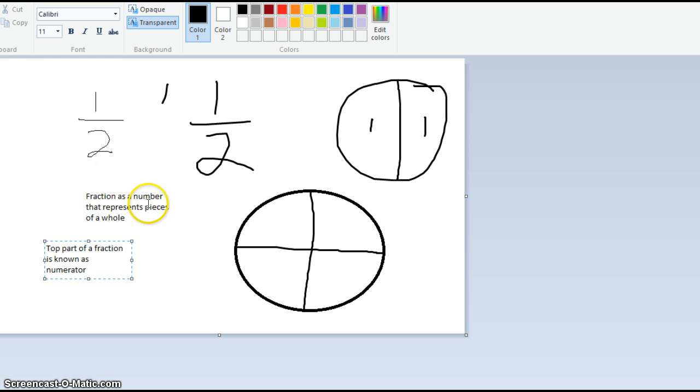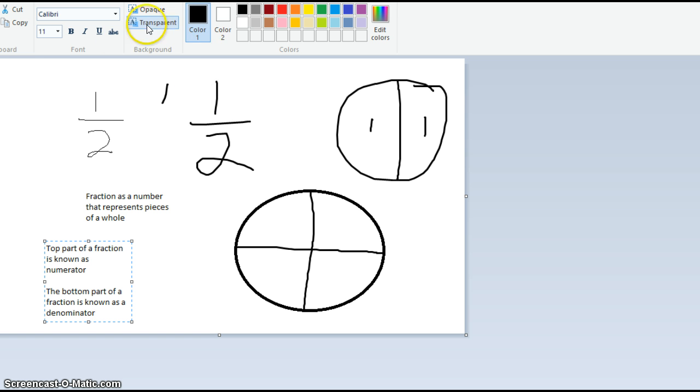The top part is known as the numerator, and the bottom part of a fraction is known as the denominator. These are 2 terms that you need to understand because they're going to help us understand what a fraction is. So we know that the top part is a numerator and the bottom part is a denominator. So what does that mean to me?